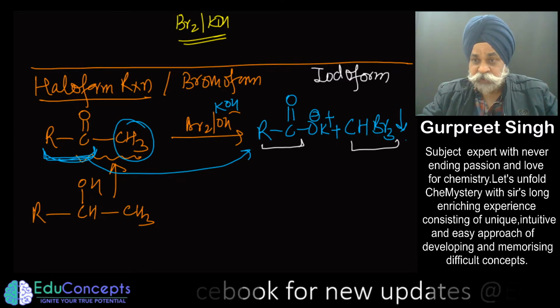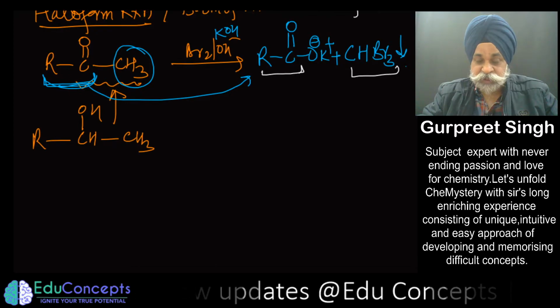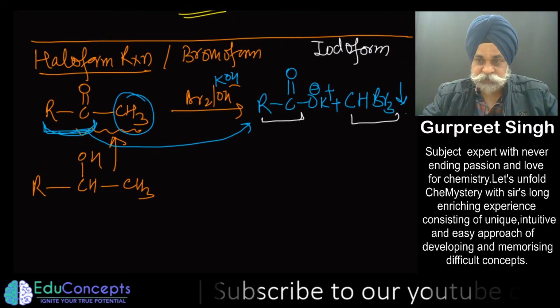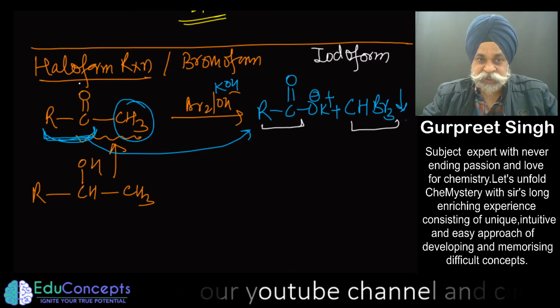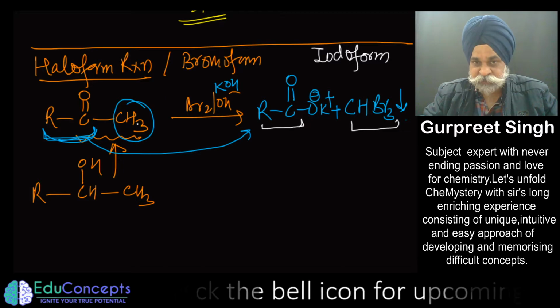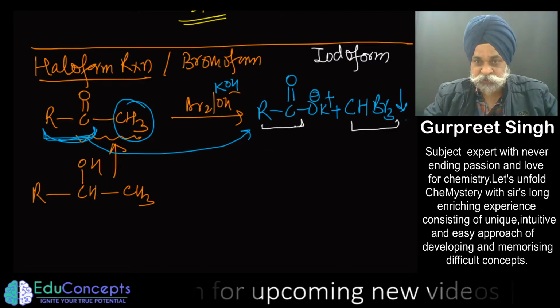Now if you want to see the reaction from a mechanistic viewpoint, I shall make one more session where I will explain each and every aspect involved during this mechanism.